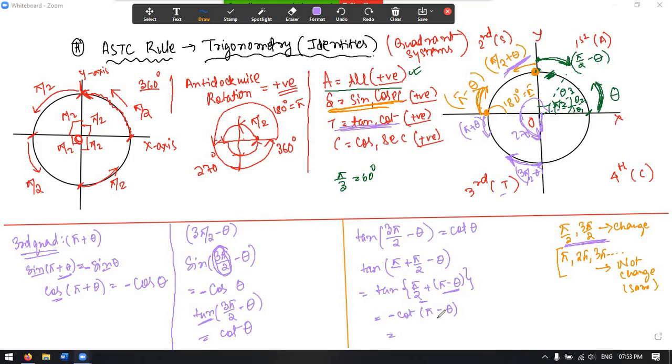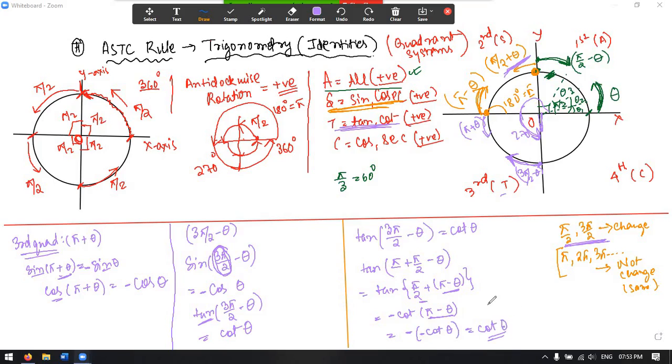Now it is pi minus theta, so cot of pi minus theta will be, with the negative already present, cot theta, and pi minus theta is in the second quadrant, so this will be negative of cot theta. Negative of negative cot theta is positive cot theta.